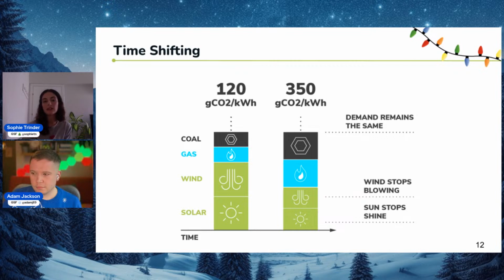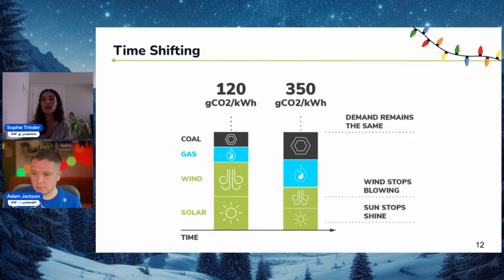So time shifting is where the electricity might be cleaner at different times of the day due to the unpredictability of the weather and the total demand for electricity. For example, at peak demand hours, like 5 till 7 p.m., everybody's got home from work, maybe they're cooking dinner. We often find that the carbon intensity of electricity available on the grid is likely to be higher because the energy sources are dirtier.